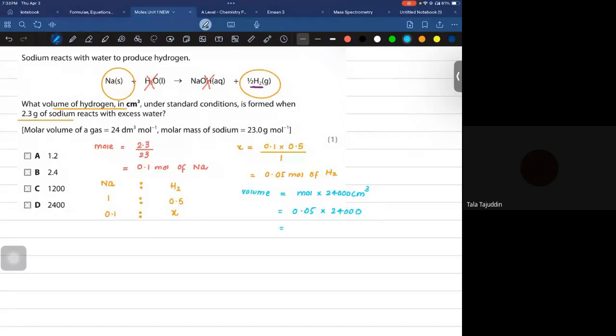So what's the answer? Yes, 1200. This is the volume.